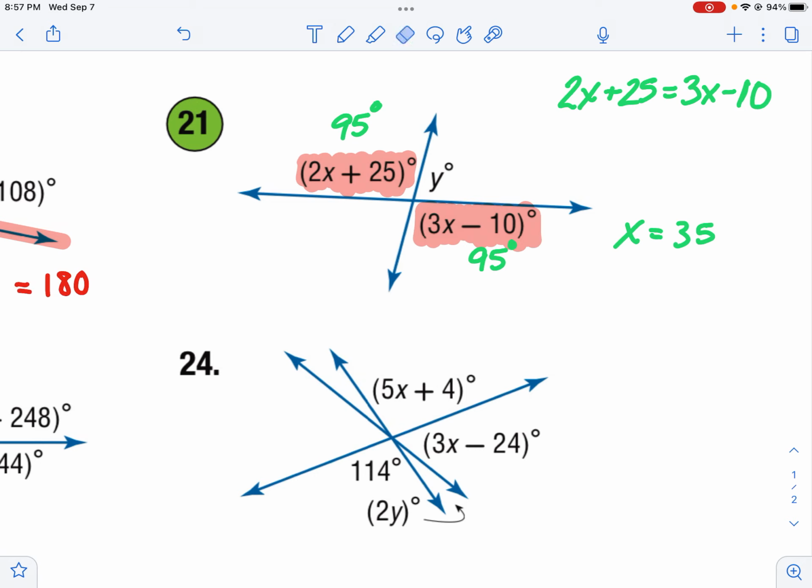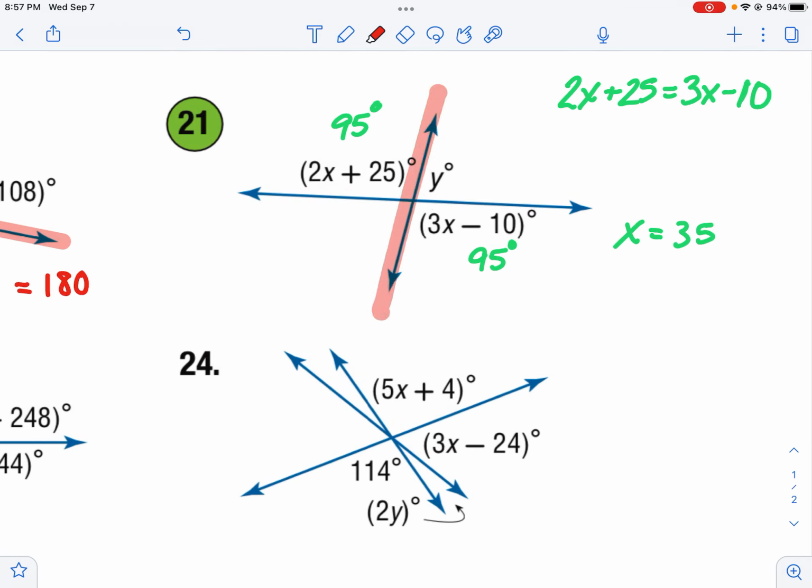Now the last variable I have to solve for is y. I don't have any more y's, but what I do have is a linear pair right here. So check that out. I have two angles that together add up to 180.